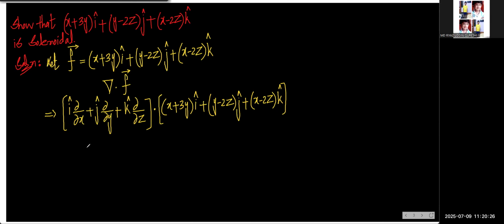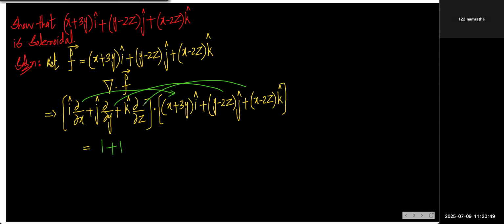Now i dot i is 1. So again I want to do it directly. The partial derivative of this with respect to x is 1. This one with respect to y is again 1. This one with respect to z is minus 2.